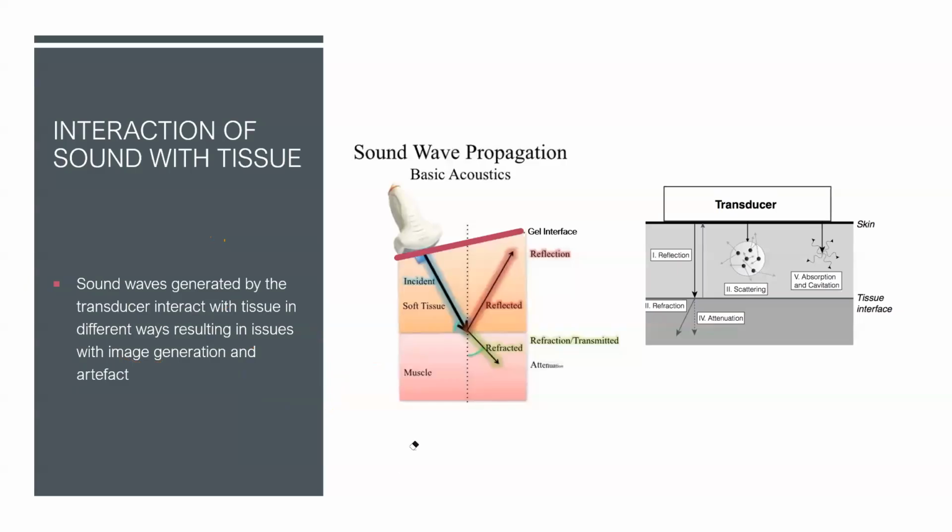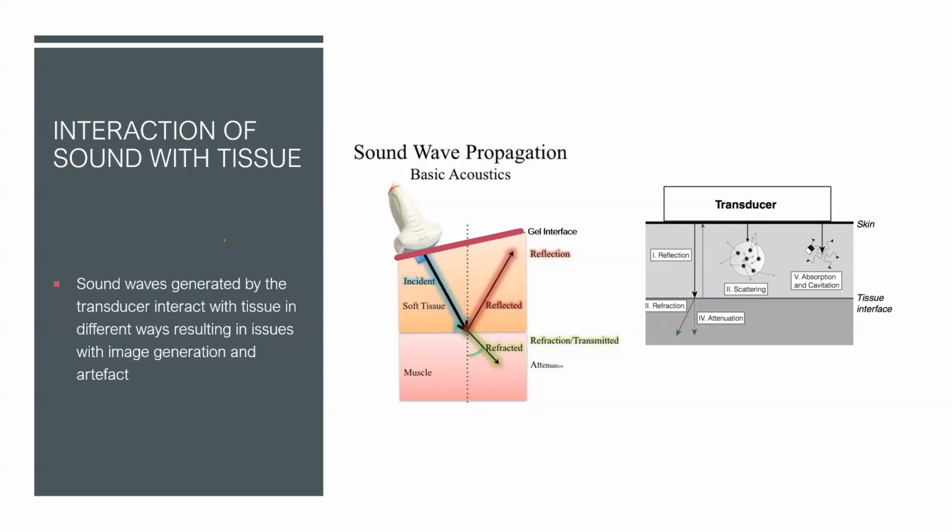Now, sound waves are not just reflected, refracted, and attenuated. They're also absorbed. And a very important aspect of that is the tissue quality and the tissue permeability itself, the tissue property. There are certain amounts of tissue that will absorb sound waves much better than others.